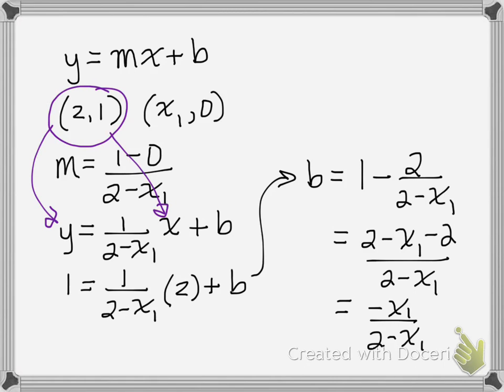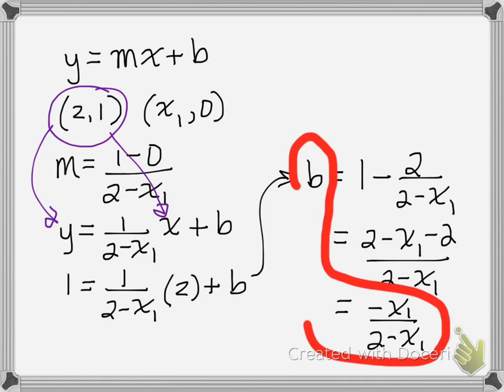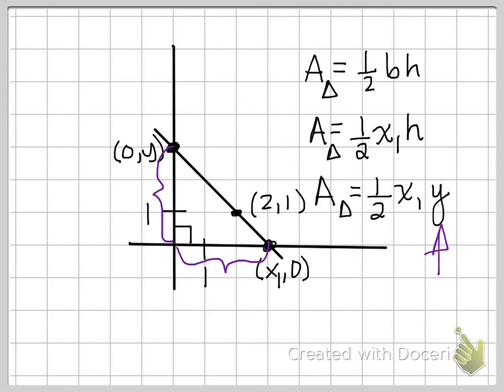Now we've got it, right? So there's b, and that's the height, because that's the y-intercept. I can take that negative x1 over 2 minus x1 and plug it in back here, because this y is the same as the y-intercept, which is the same as the b, which is the height that I'm looking for.